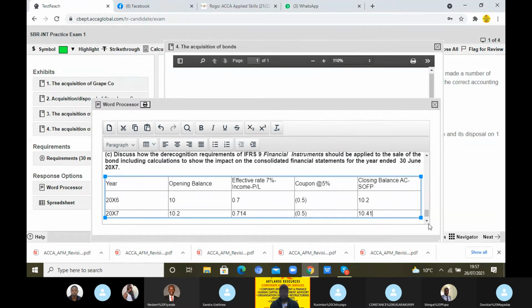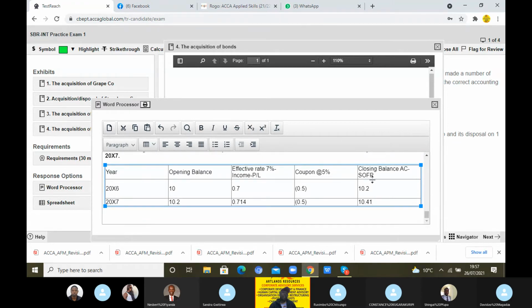10.41. So the fact that Banana sold the bonds, we have realized that the derecognition criteria was not met. Because the derecognition criteria was not met, it means the bonds must still continue to be recognized at amortized cost, meaning Banana should recognize finance income of 0.7 and 0.714, and in the statement of financial position, it should still record the bonds at their amortized cost.